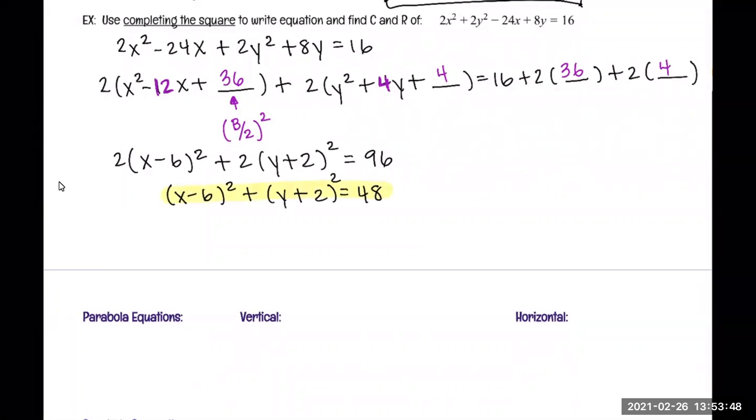So here's my equation, and I'm now able to state what my center is and what my radius is. Now 48, it can be reduced, right? The biggest common, the biggest square is 16. So we could take out a 4, and we have a 3 left over. So my center is at 6, -2, and my radius is at 4 square root 3.